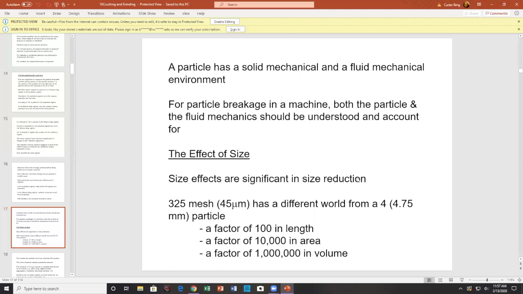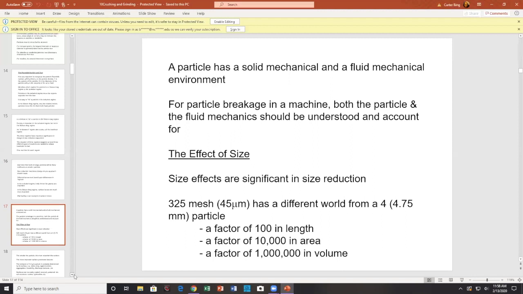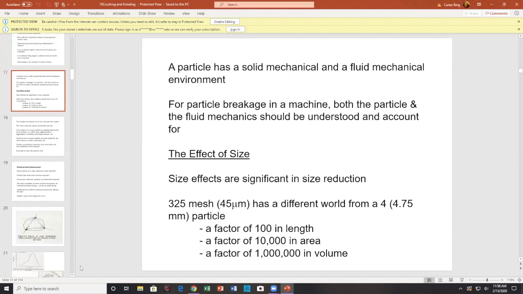Size effects are significant in size reduction. 325 mesh or 45 microns is a different world from a 4 mesh or 4.75 millimeter particle. There is a difference of roughly 100 in length, a difference of 10,000 in area, and a factor of 1 million in volume. So you definitely have a distinction between large particles and small particles.